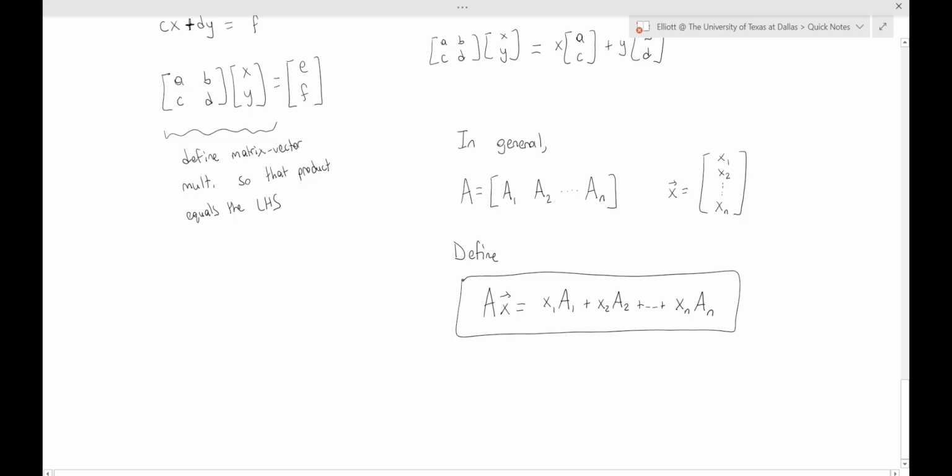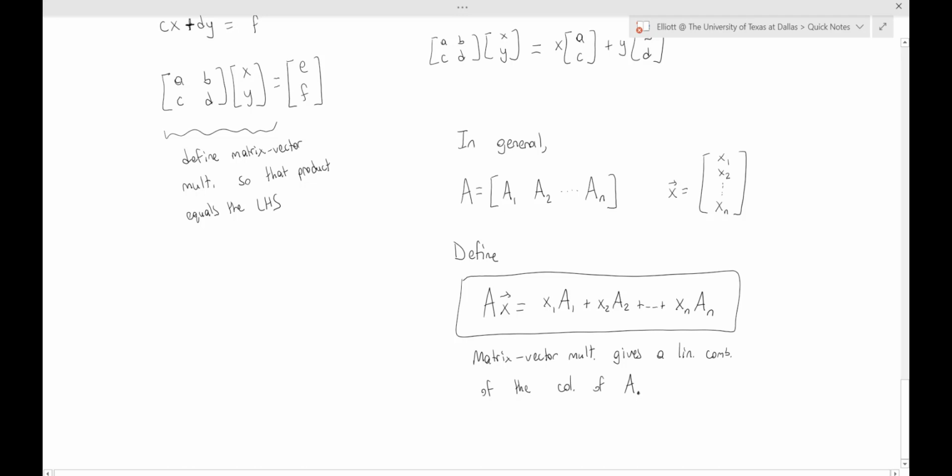So matrix vector multiplication is defined to give you a linear combination of the columns of A.